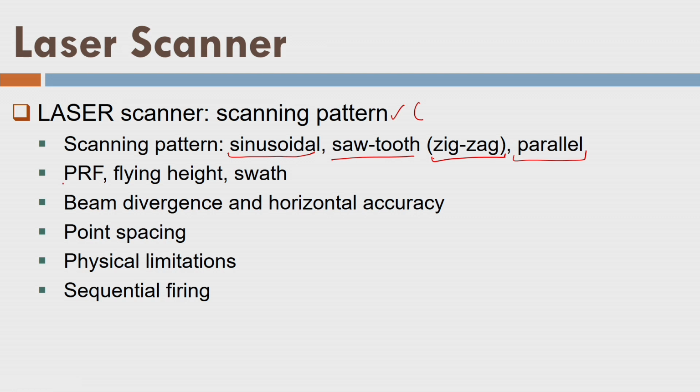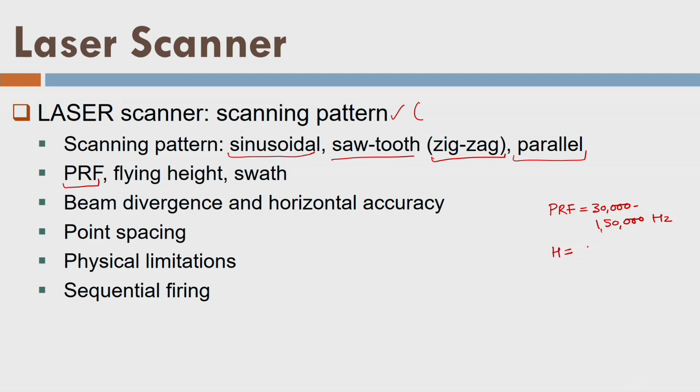Now, we have the point repetition frequency of the laser scanner, which is generally in the order of 30,000 to 150,000 hertz, or so many pulses in 1 second. Flying height is indicated by h.